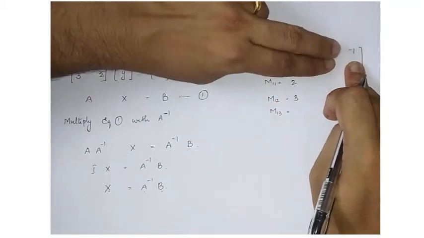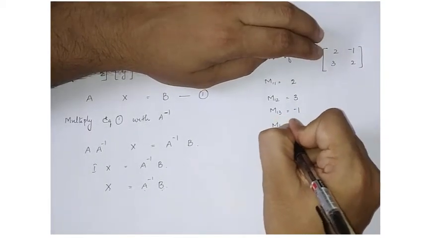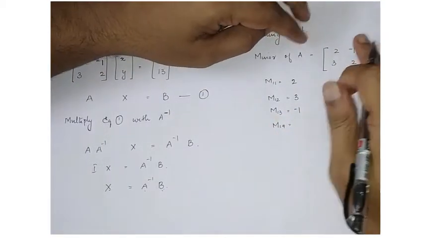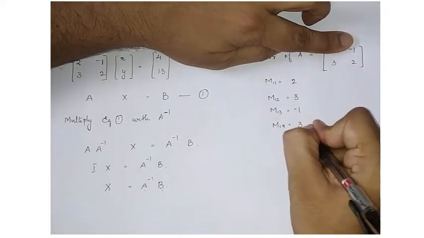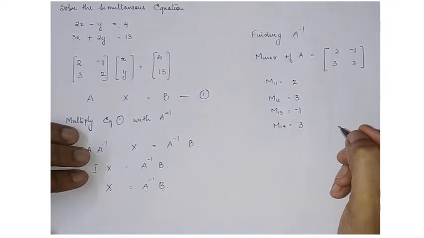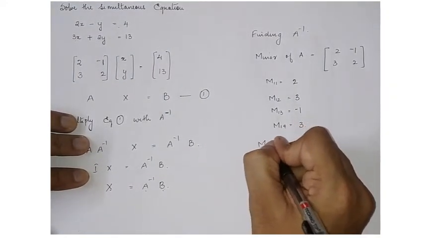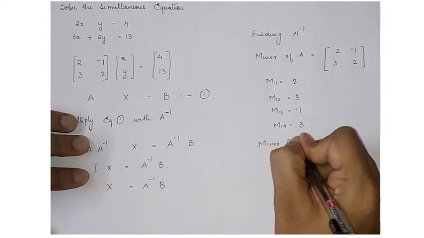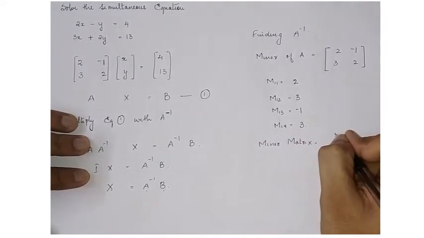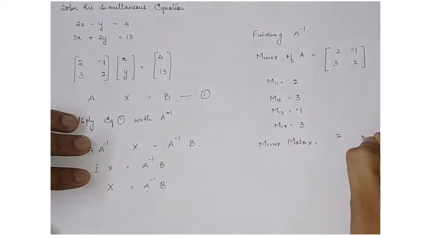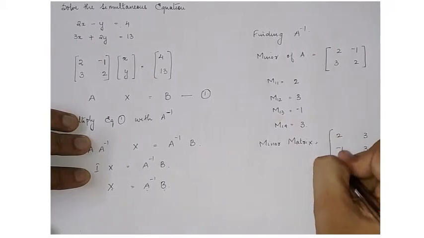So delete the row and column, you get minus 1. M22 is this. So delete the row and column, what is remaining is 3. Now the minor matrix is equal to 2, 3, minus 1, 3.